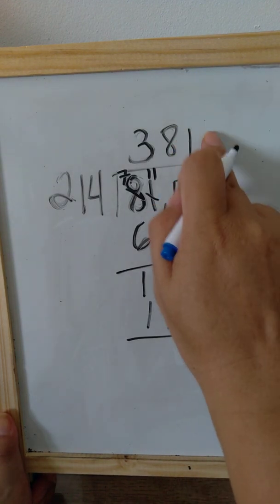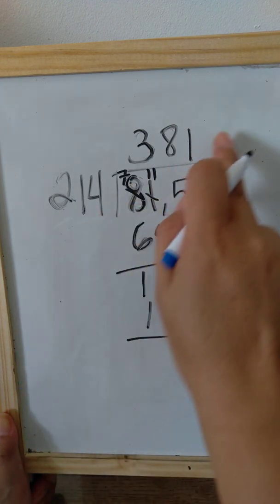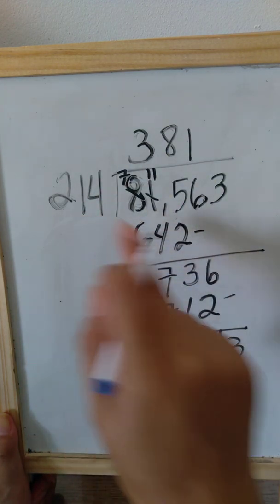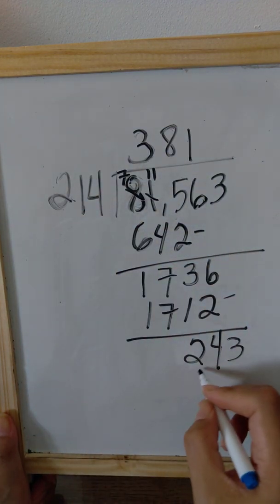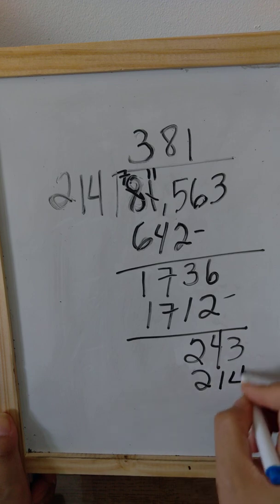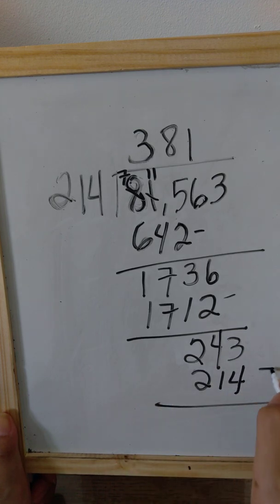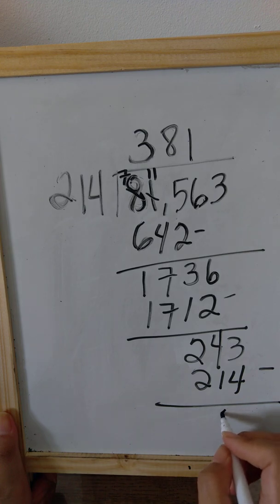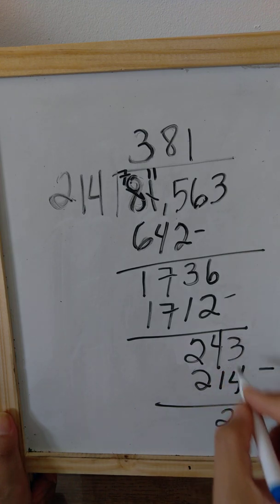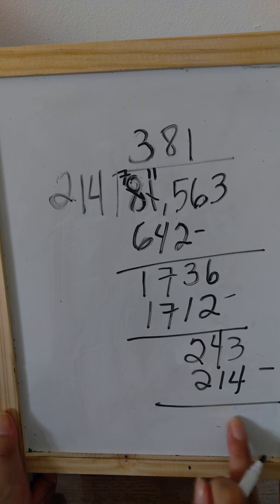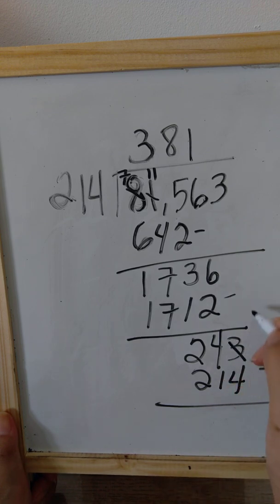Now, 1 times 214 is equals to 214. So 214, 243 minus 214 is equals to 29. Okay, so 3 minus 4 cannot be.